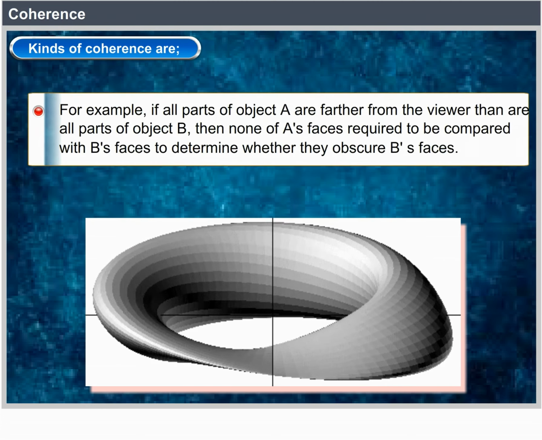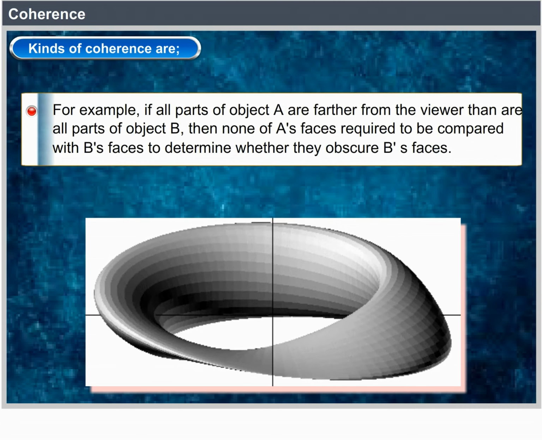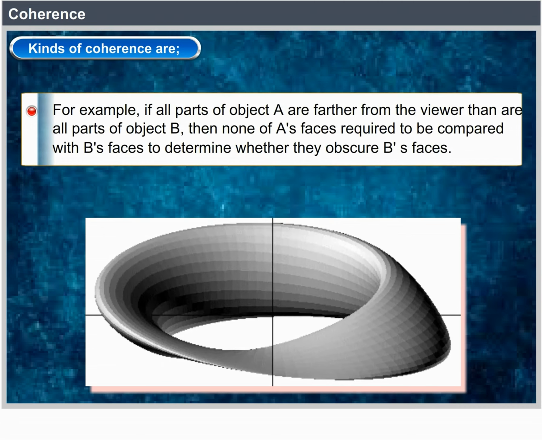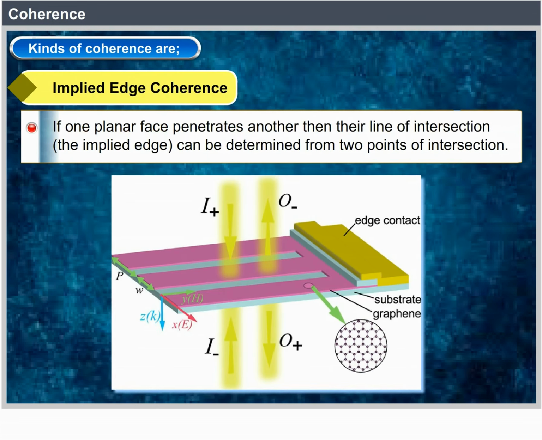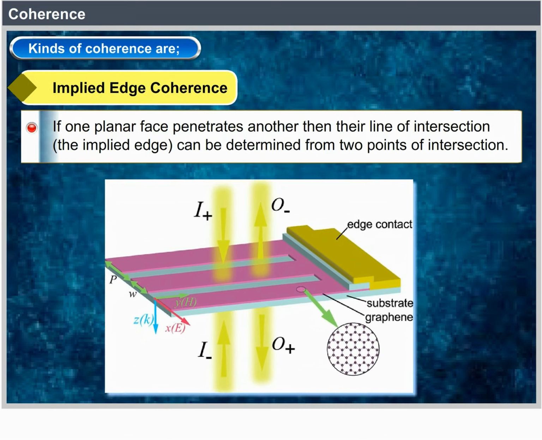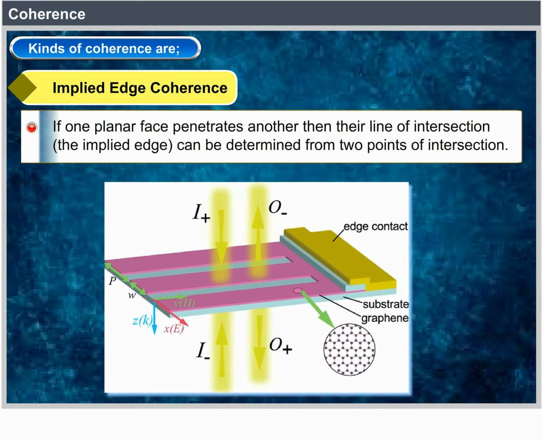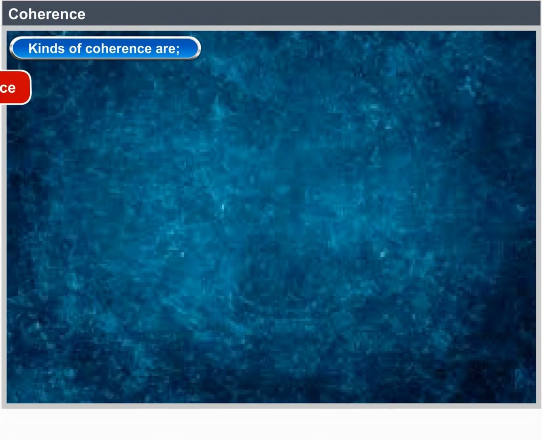Edge coherence. An edge may change visibility only where it crosses behind a visible edge or penetrates a visible face. Implied edge coherence. If one planar face penetrates another, their line of intersection, the implied edge, can be determined from 2 points of intersection. Scanline coherence.